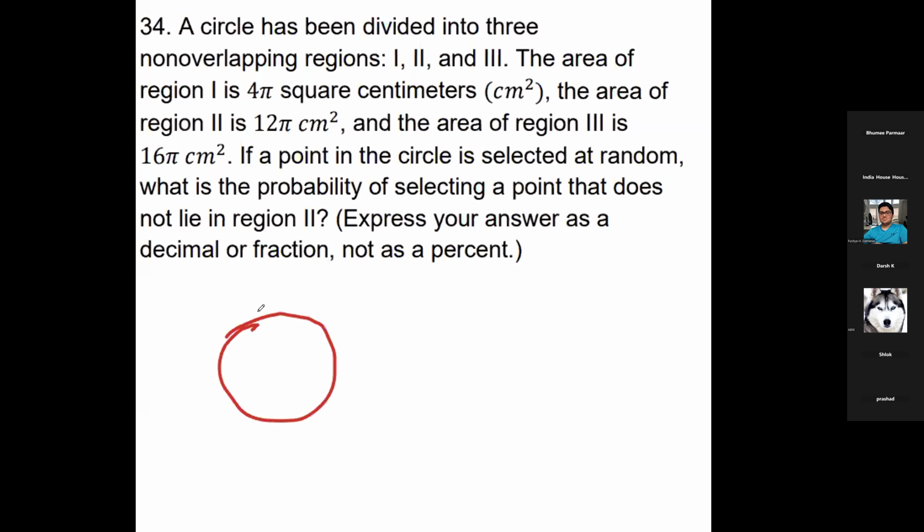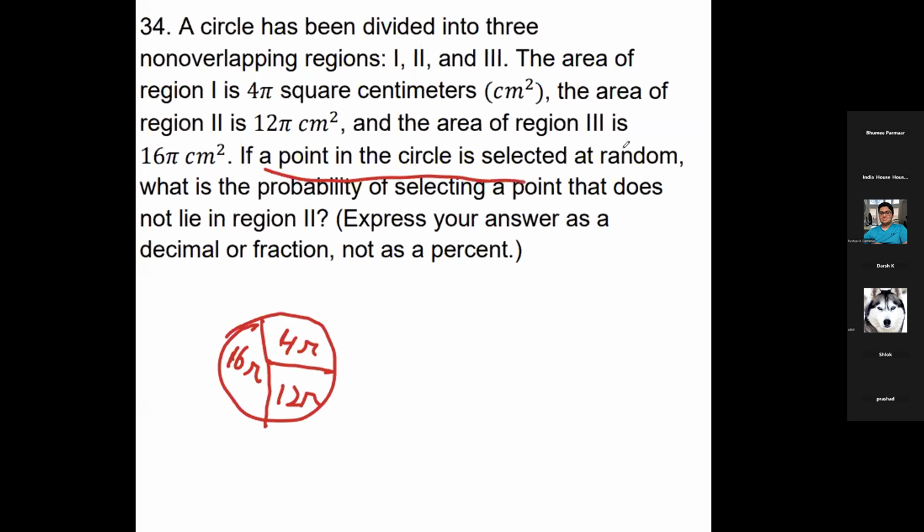Area of region 1 is 4 pi, region 2 is 12 pi, and region 3 is 16 pi.